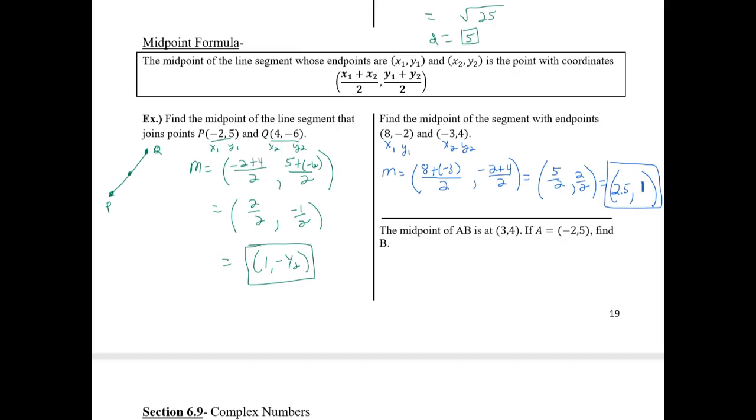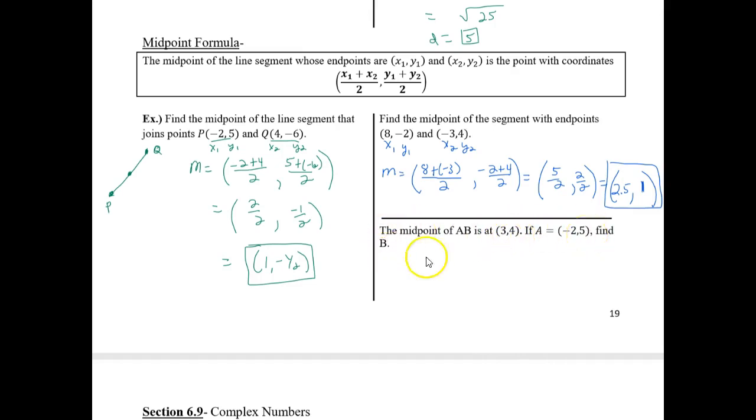The next one says the midpoint of AB is at 3, 4. So we know the midpoint right now. It says if A is -2, 5, find B. Okay, so we actually know the midpoint and one of the points.